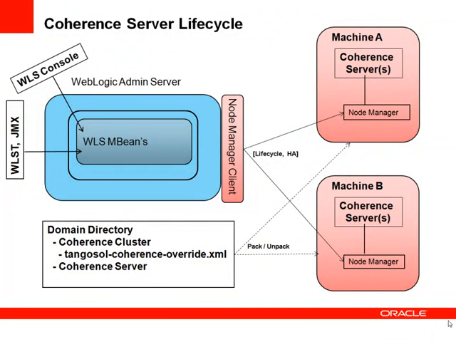What this means is that I can, from one central location in the WebLogic Server Administration Console, control my Coherence configuration and Coherence servers in terms of lifecycle and in terms of things like JVM options and configuration. And I can push those out to remote servers and have them started and stopped all from one central location. I have the ability to use the WebLogic Server Admin Console to do this, or WebLogic Scripting Tool, or the JMX interfaces.